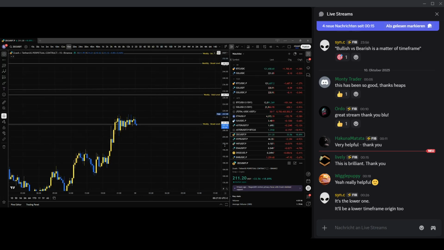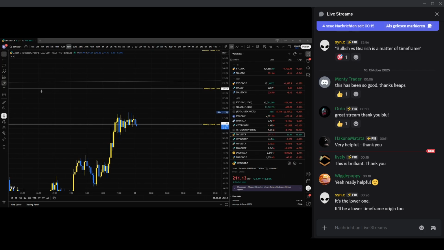I'm not sure anymore, but the heat map had like an air gap here. So that's why I also short 215, because that's where the last piece of liquidity was sitting. And this space here was pretty empty. So if they want to go here, they will most likely fuck around for a while.